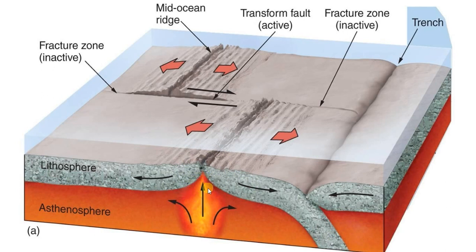Less pressure, molecules have more room to move around. If they have more room to expand, because the asthenosphere is so hot, it's going to allow it to melt. So we get another isolated location near the crust or in the crust where we have melted rock.